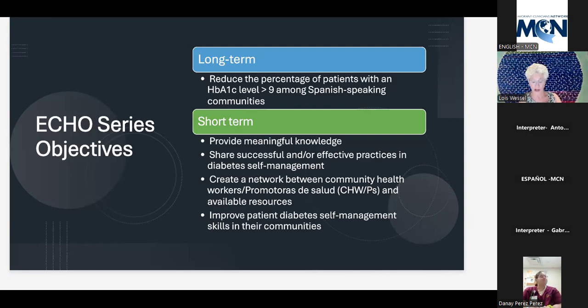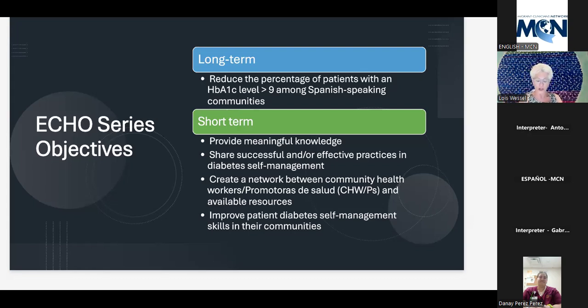We know that there are many factors that influence people's outcomes with diabetes, and many of our community health workers don't have access to the electronic health record to see what's going on. But our long-term goal is to keep diabetes well controlled, and that means with a hemoglobin A1C, which is the lab test we do to assess control of diabetes, to keep that to 9 or lower.